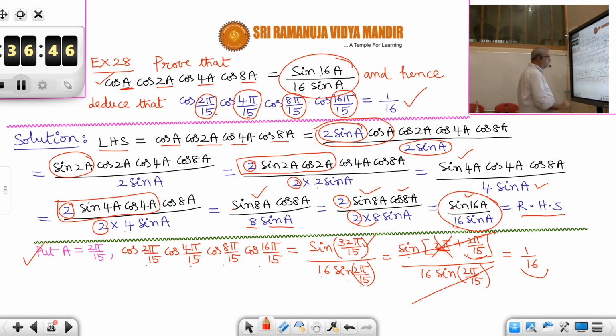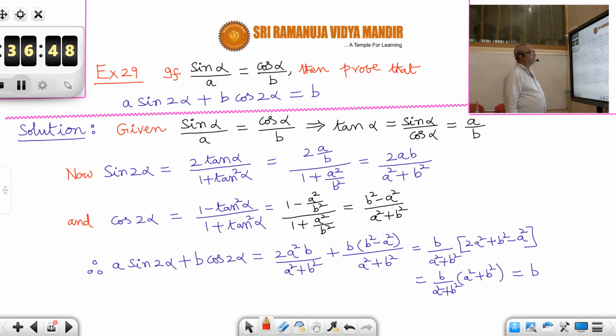Okay, let us see example number 29. If sin alpha by a is equal to cos alpha by b, then prove that a sin 2 alpha plus b cos 2 alpha is equal to b. Okay, let us prove this. What is given? Sin alpha by a is equal to cos alpha by b.